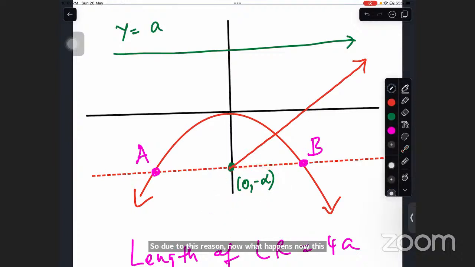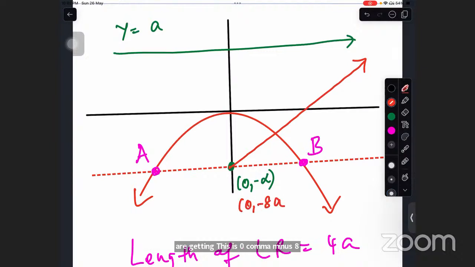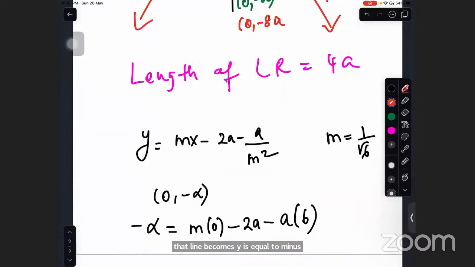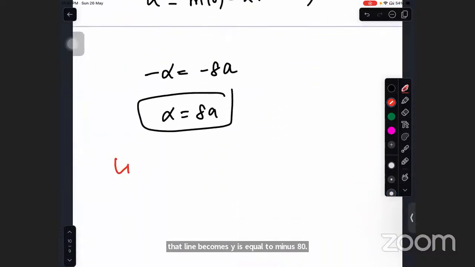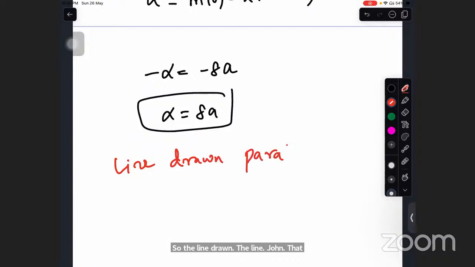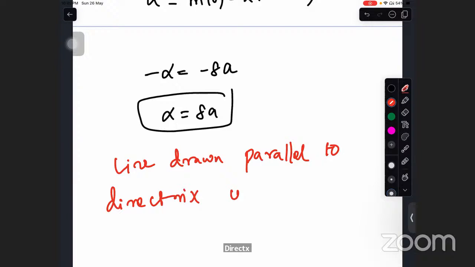Then the equation of the line drawn parallel to the directrix becomes y equals minus 8a.